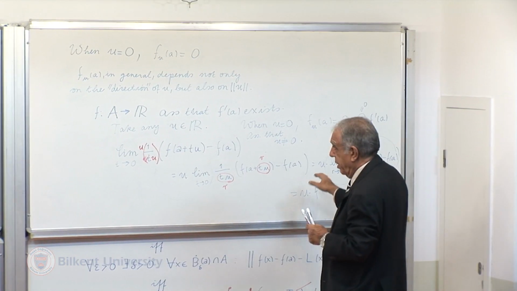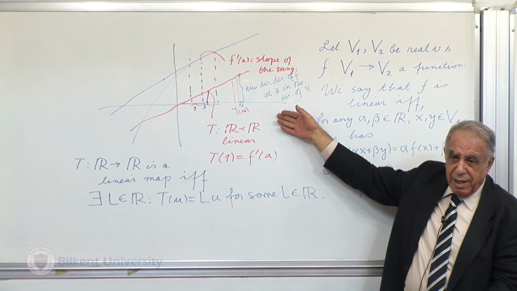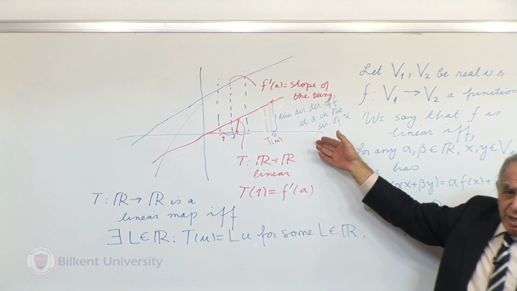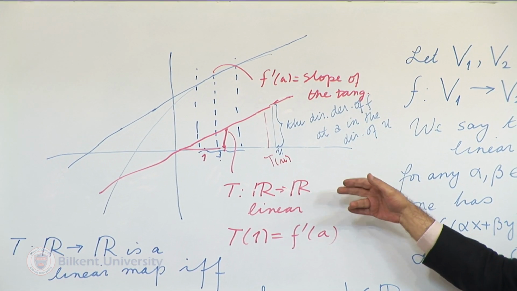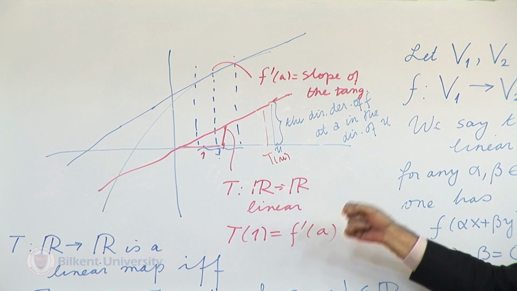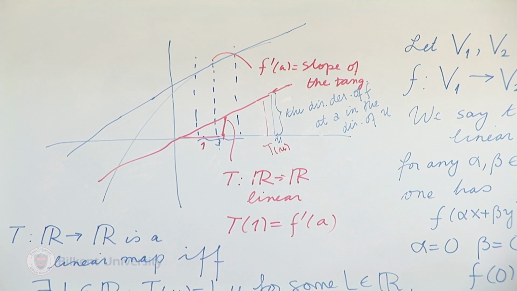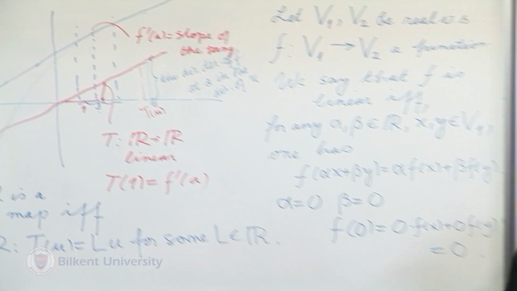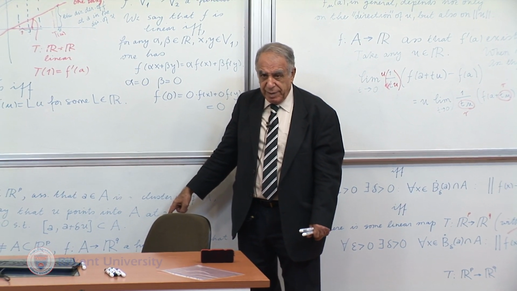Okay, so here, at least in this case, this function has a full meaning. At each u, this function, which is f prime a times u, means the directional derivative of f at a in the direction of u, according to this definition, which is formal.